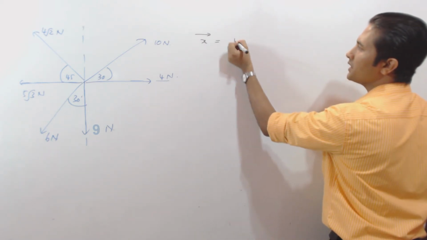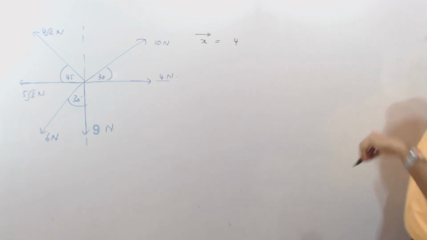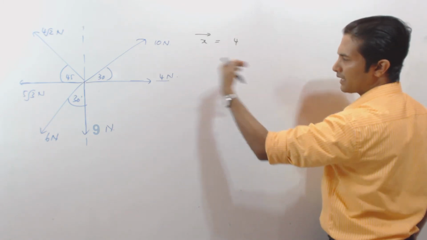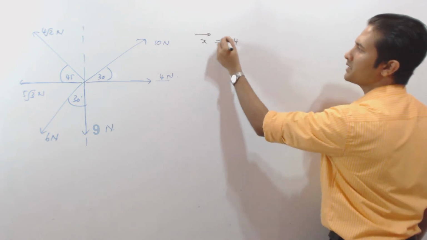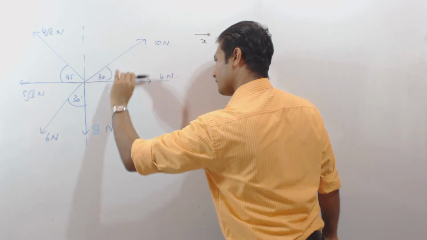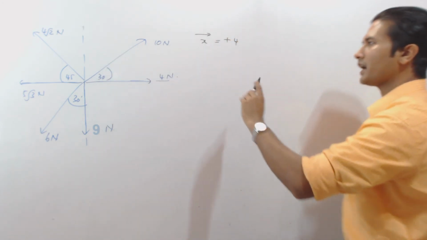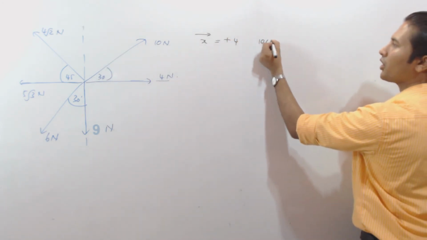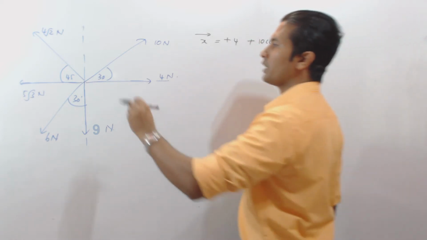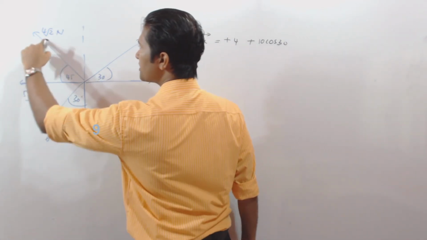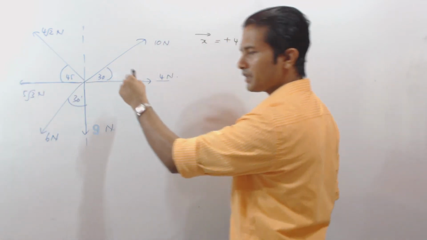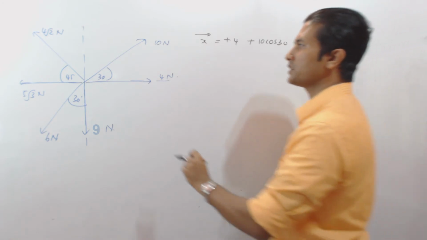First, for 5 root 3 and 4 newtons there should not be any sine or cos components because those are already along the x-axis. Then considering 10, towards the angle, that is 10 cos 30. It should be positive. Now we can move on to these three vectors, because no need to consider this vector that is along the y-axis.